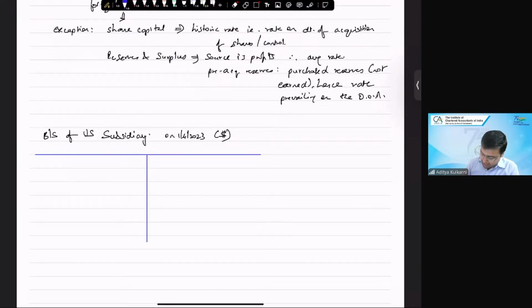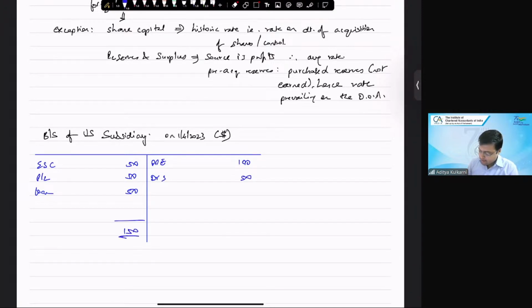Okay, so I have my equity share capital 50, P&L 50, loan 50, property plant equipment 100, and debtors at 50.